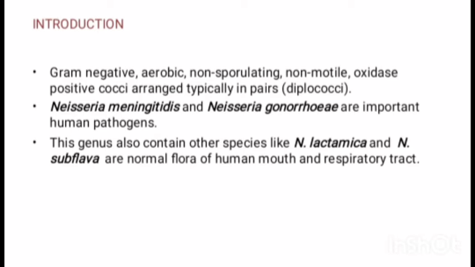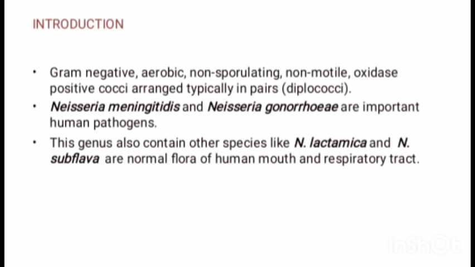And this Neisseria genus consists of pathogenic as well as non-pathogenic species. Pathogens are Neisseria meningitidis and Neisseria gonorrhoeae. These two are strict human pathogens, and Neisseria meningitidis causes meningitis in humans, and gonorrhoeae causes gonorrhea, that is a sexually transmitted disease.